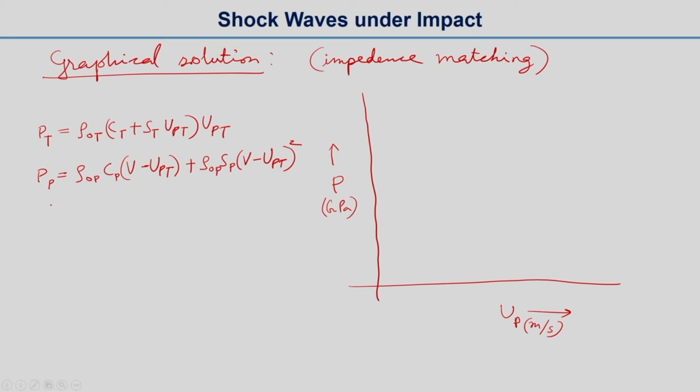Now, these two equations that we derived in the earlier classes, we will plot here. I will do a very rough sketch, and you can check these diagrams in the book, since it is directly from the book. This will look something like this, and that is for the target.